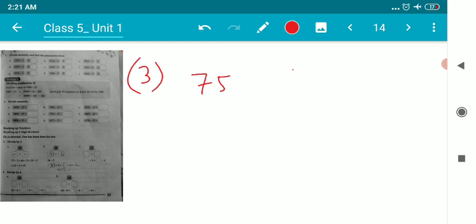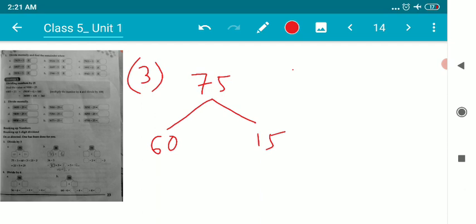What I'll do, children, is expand this number into 60 plus 15. Why did I take 60 and why did I take 15? Because 60 and 15 both are multiples of 3.